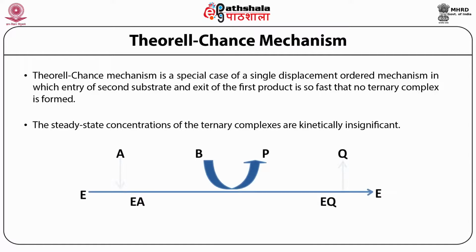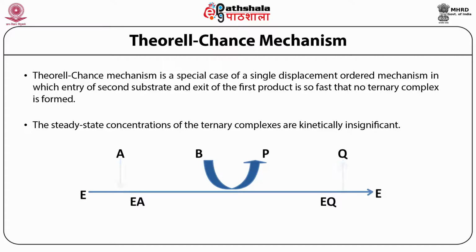So, the steady state concentration of ternary complex is kinetically insignificant. So, we cannot isolate it, we cannot determine it. From this figure, you can see that the enzyme E combines with the substrate A, producing the EA complex. At the same time, when substrate B enters, the product P is released.